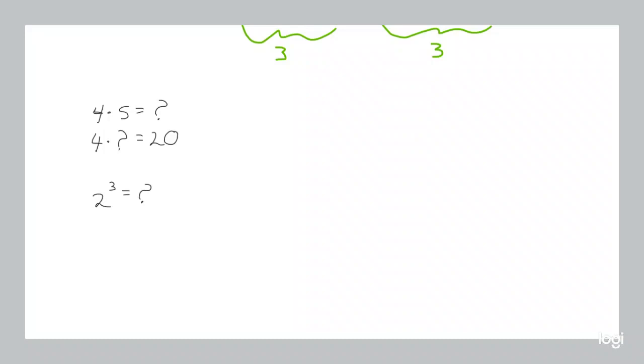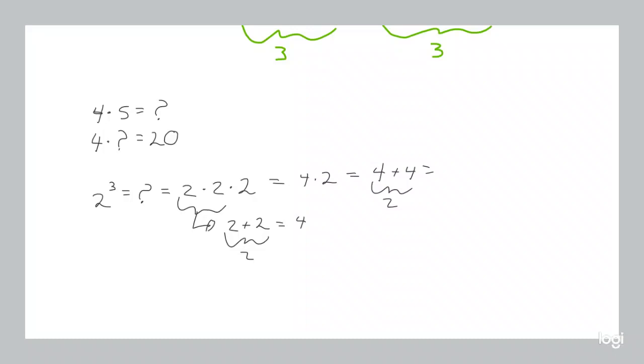And you can think about that and decide, okay, well, that's 2 times 2 times 2. And the first 2 times 2 here is 2 added to itself twice, which is 4. So this is 4 times 2. And that is 4 added to itself twice, which is 8. Right?